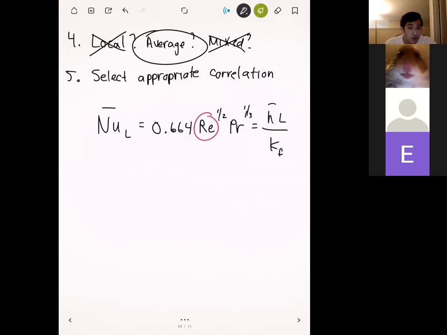But we have everything else we need. We know what 0.664 is, we know the Prandtl number because we looked it up, we know the length of our plate, and we know k_f because we looked it up in the table.